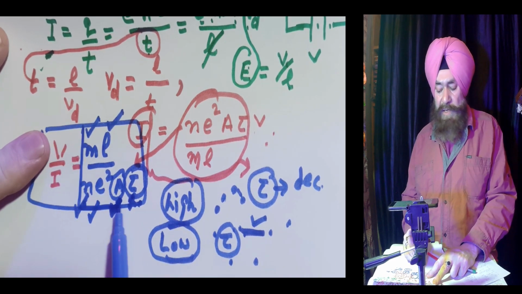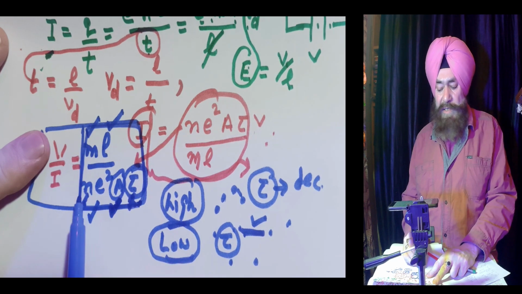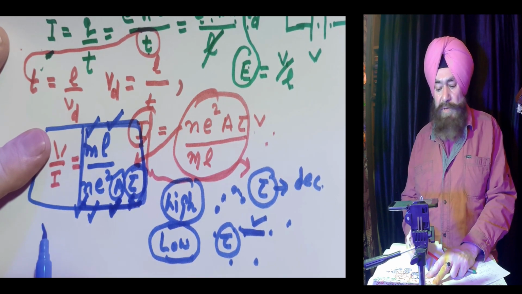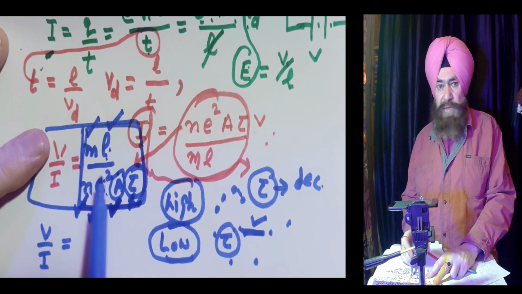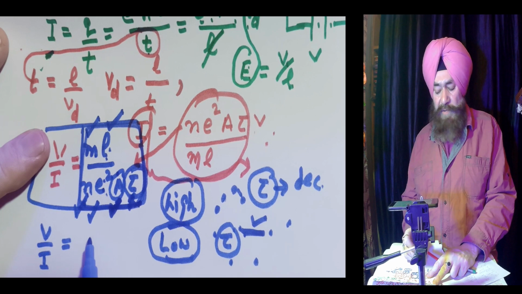That means this whole factor is constant. So this V upon I, this whole factor, depends upon the given material, given geometry and temperature. If they are constants, then V upon I becomes constant.